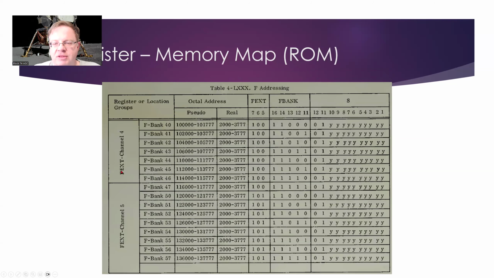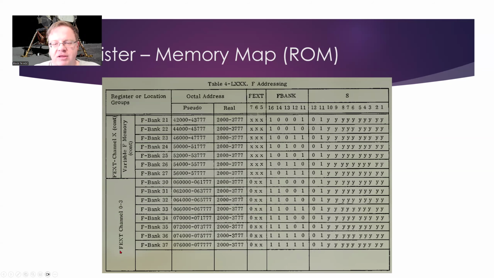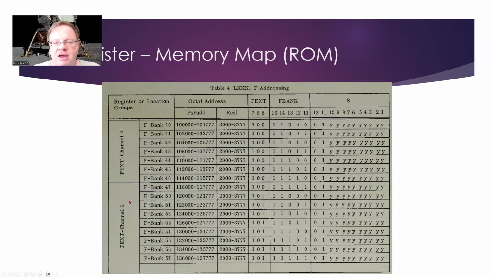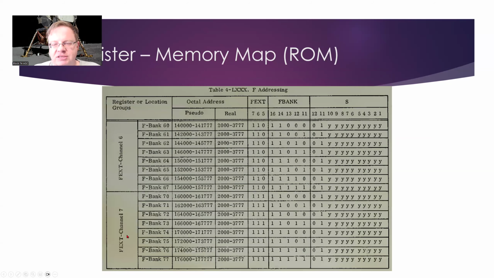And then we had here the FX, or the extended channel 0 through 3. We've got channel 4, channel 5, channel 6, and channel 7. Now, although we actually count all the way up to fixed bank 77, the guidance computer itself never actually built this much ROM into the physical Apollo guidance computer.